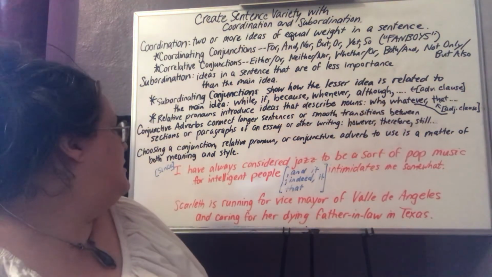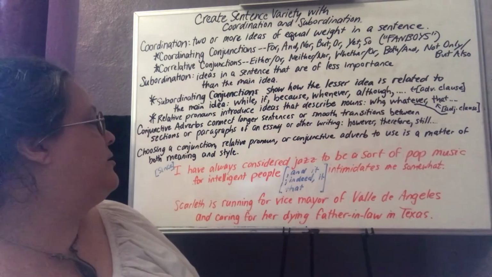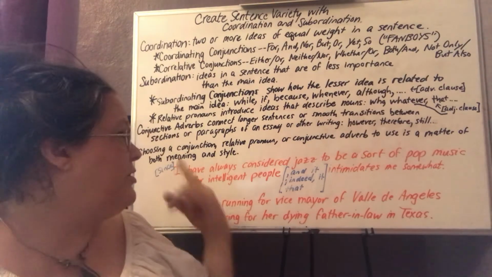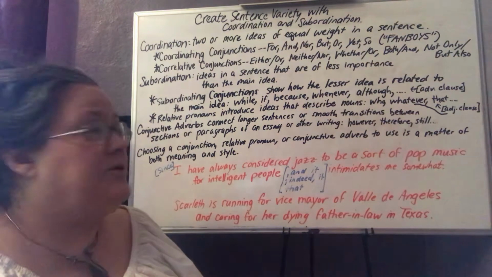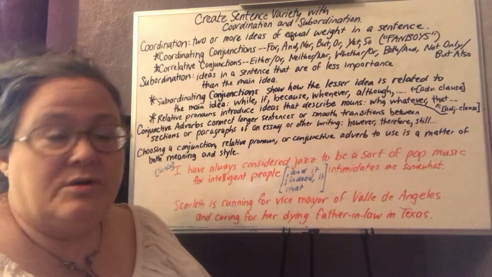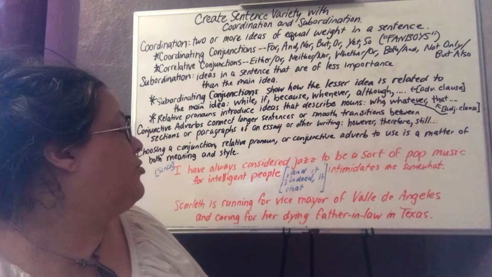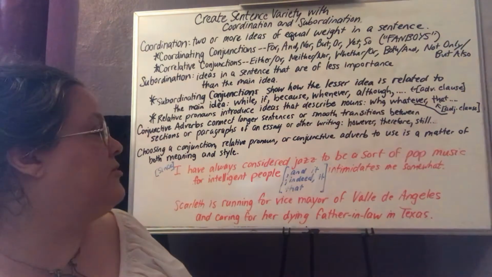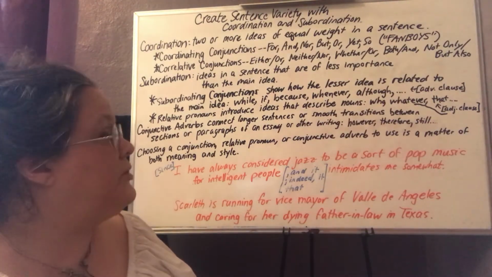Conjunctive adverbs are also kind of like conjunctions. That's why they're called conjunctive, but not exactly. They're also sometimes called transition words. They connect longer sentences or smooth transitions between sections or paragraphs of an essay or other writing. And I think there is also a list of these in your book.